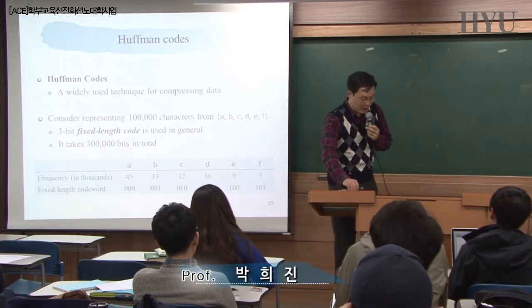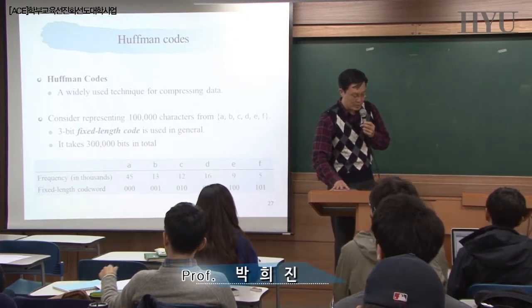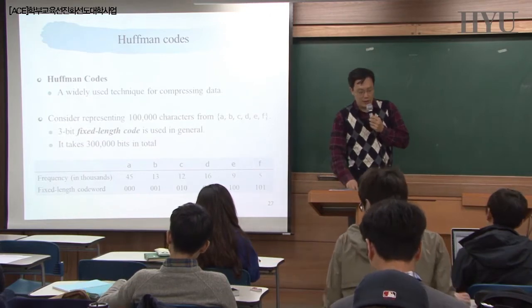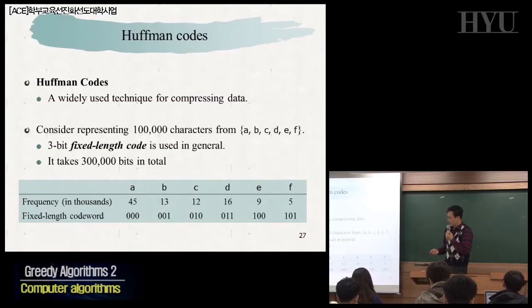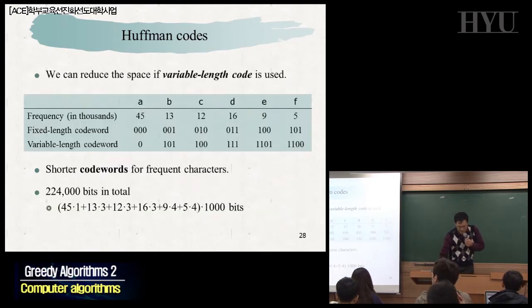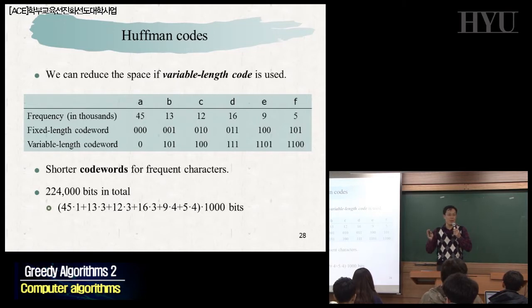Last time I explained Huffman codes. Huffman code uses variable length codes, so we can reduce the total number of bits to represent the string.